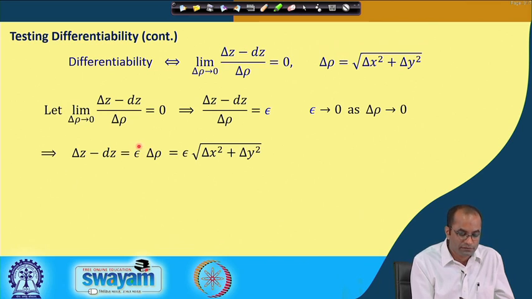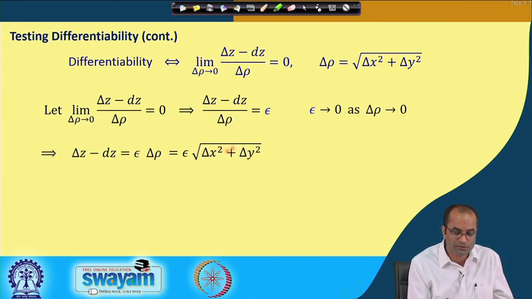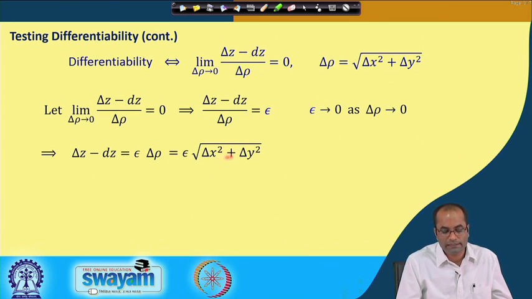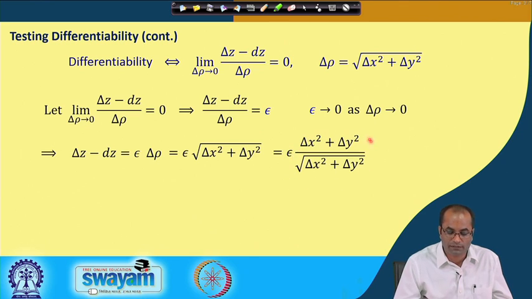we have delta z minus this dz is equal to epsilon times this delta rho, which implies, since we have substituted delta rho as square root of delta x square plus delta y square, we can divide by the square root of delta x square plus delta y square and multiply by the same term to get the following expression. So epsilon times delta x square plus delta y square divided by this square root, and now we can break it into two parts.